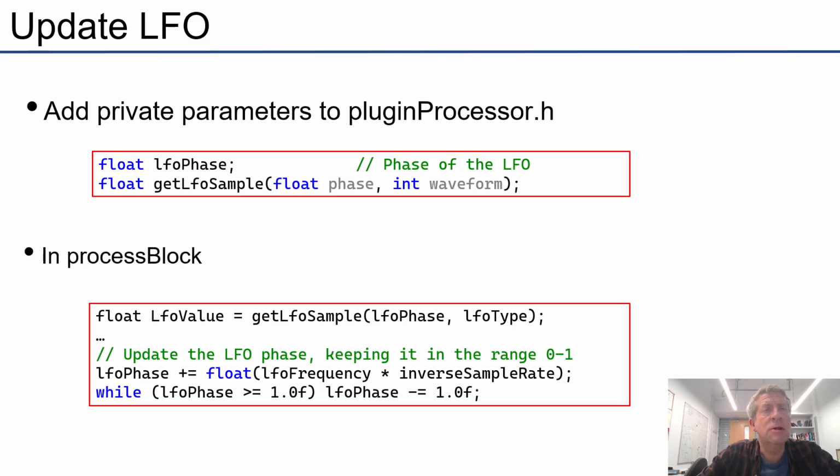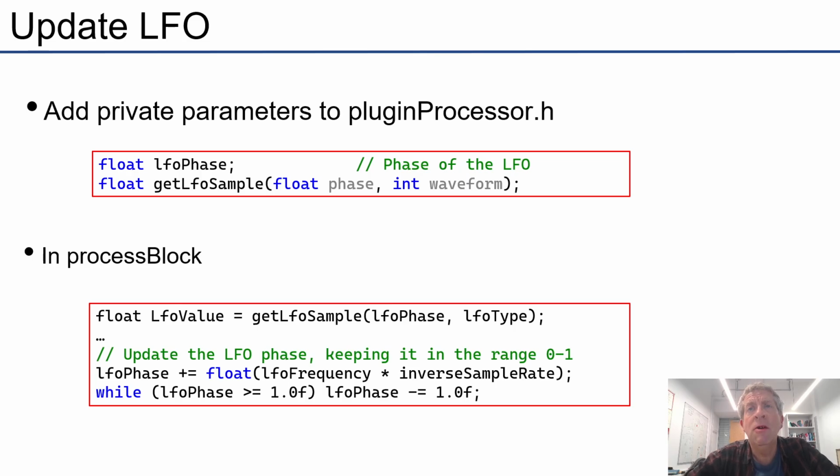So we have this function getLFOSample. We also now need to put this into a plugin. So we add private parameters to PluginProcessor.h. These private ones include things like LFO phase and the getLFOSample that we just looked at before. So these are the things that can be called over and over. We need to get the LFO sample depending on the phase, and we have the phase of the LFO.